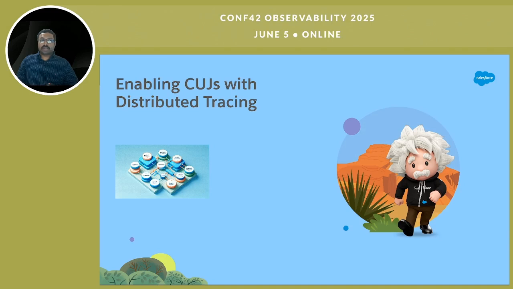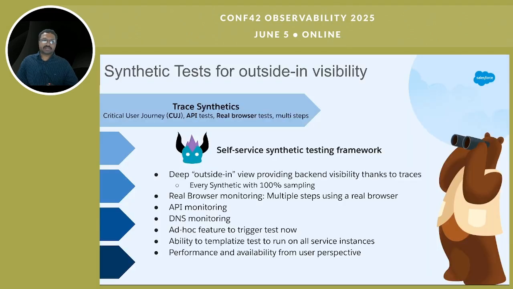How can you now enable CUJs with distributed tracing? You can do that with synthetic tests. When you are enabling synthetic tests, you always enable them with 100% sampling. That means you first enable tracing on these synthetic tests and ensure that all of them are sampled at 100%, so you don't drop any trace.